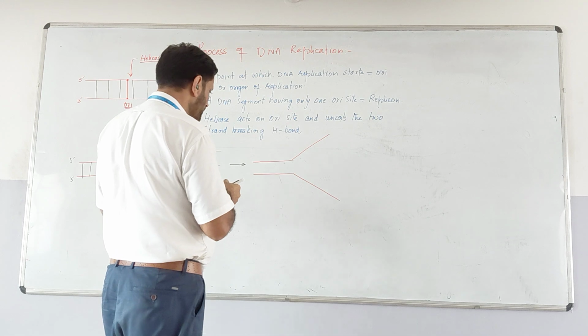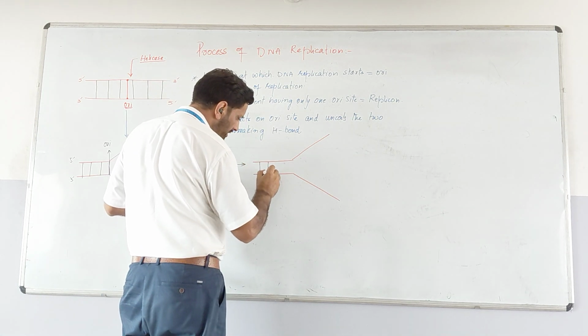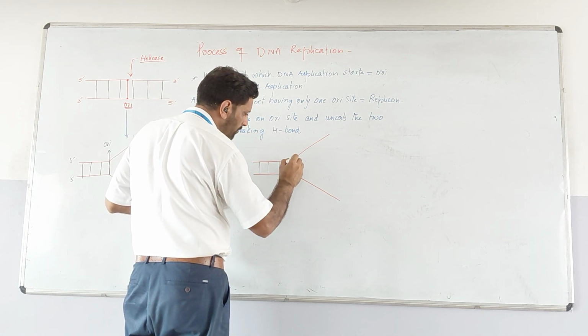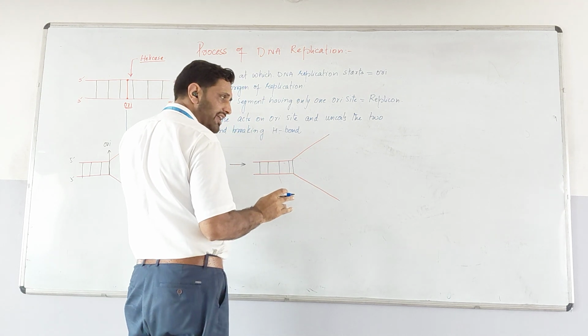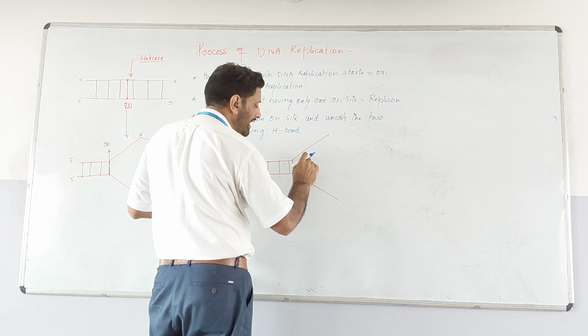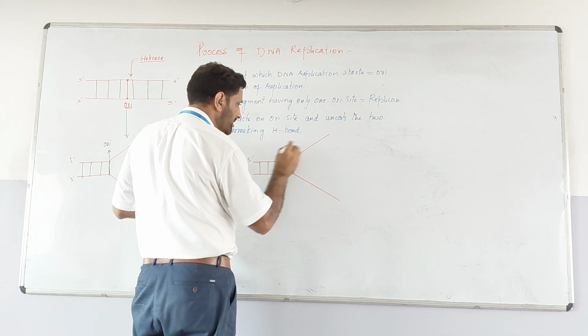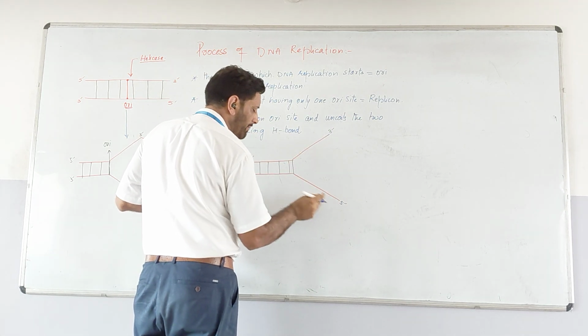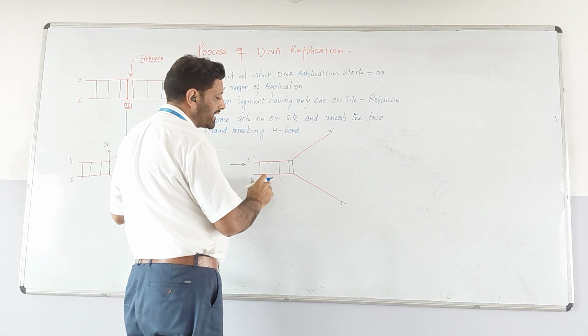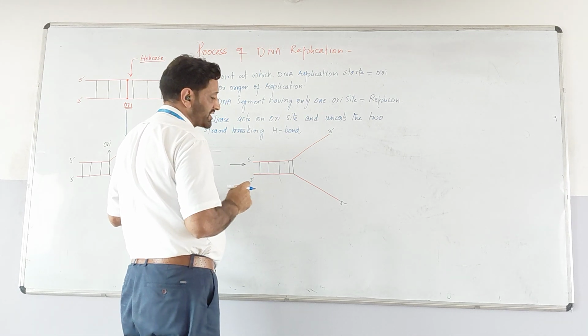In this replicon, we see these are the hydrogen bonds, and from this point the hydrogen bonds are not there. These two strands have been uncoiled. These two uncoiled strands, this is the 5 prime end, this will be the 3 prime end, this will be the 3 prime end, this will be the 5 prime end. Must remember the orientation or polarity of the two strands.